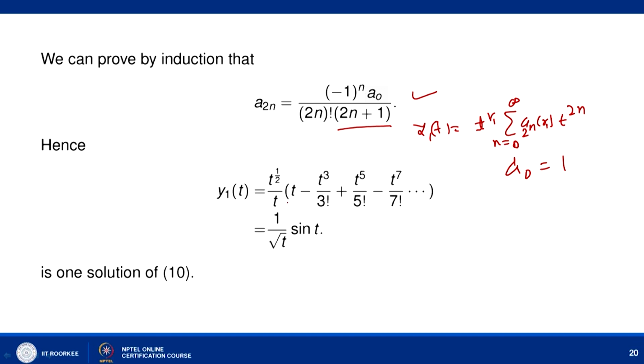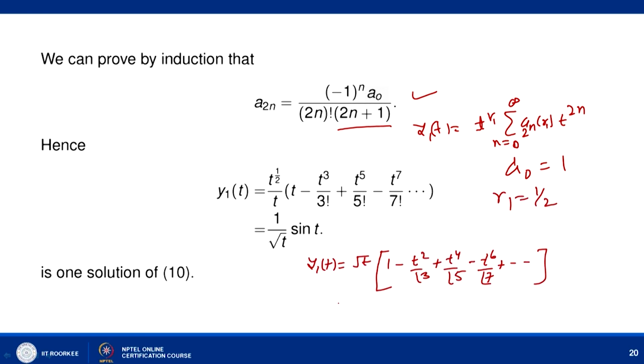So, we are writing y_1(t) is equal to t to power r_1, which is half here. We have already calculated a_{2n} as (-1)^n divided by factorial (2n+1). So, we can write down our solution as y_1(t) equal to t to power r_1 summation n equal to 0 to infinity a_{2n}(r_1) t to power 2n.